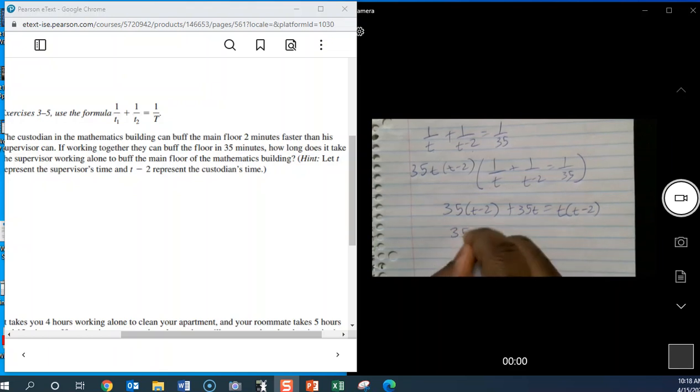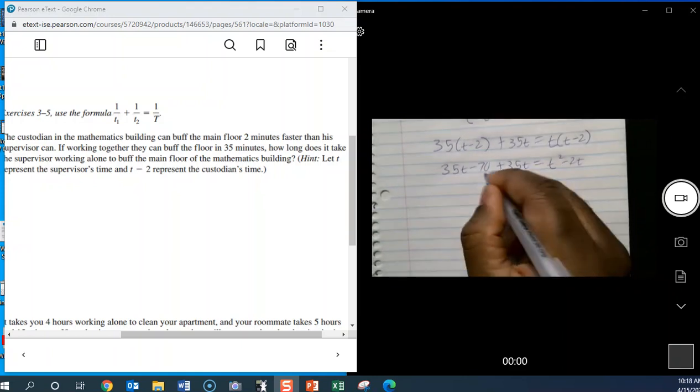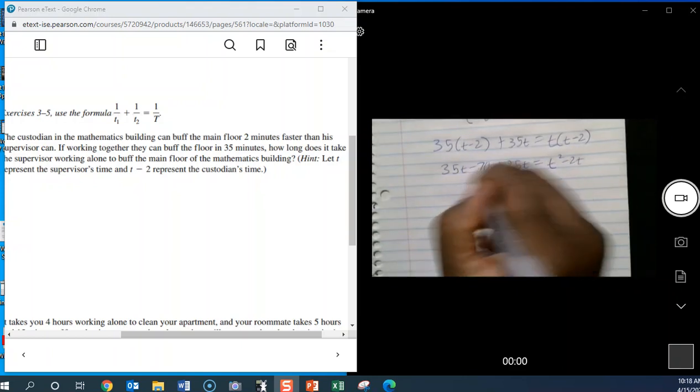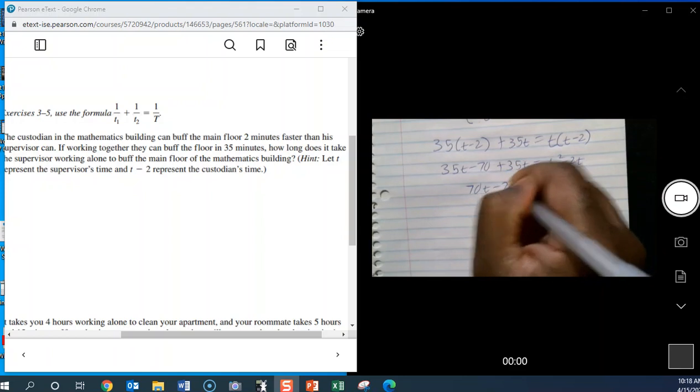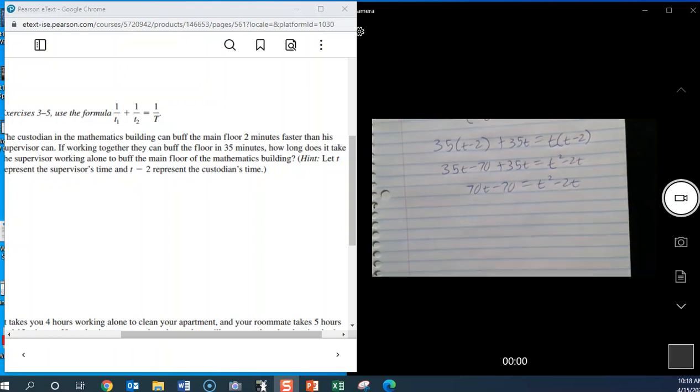So this would be 35t minus 70 plus 35t is equal to t squared minus 2t. Now, when we combine these like terms, this would be 70t minus 70 is equal to t squared minus 2t.